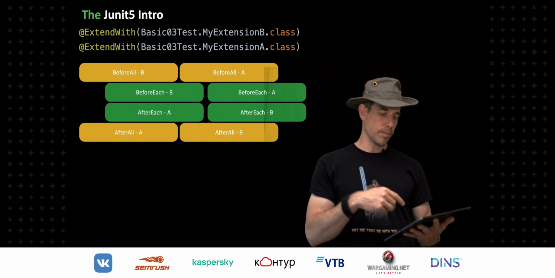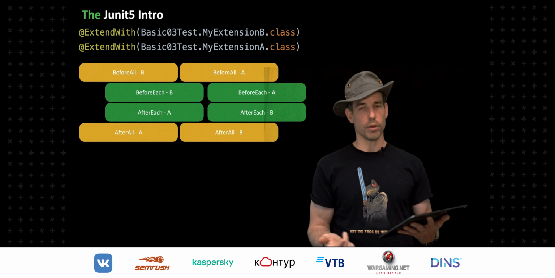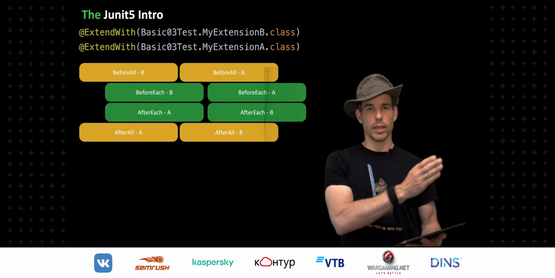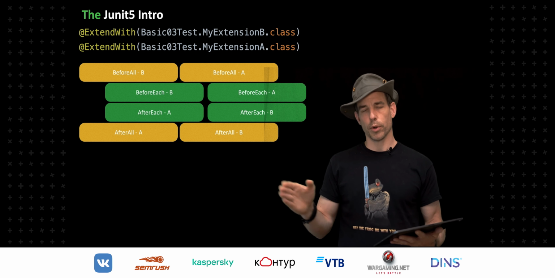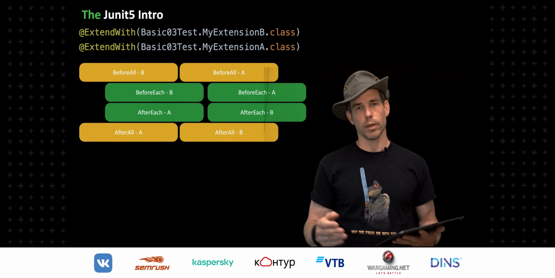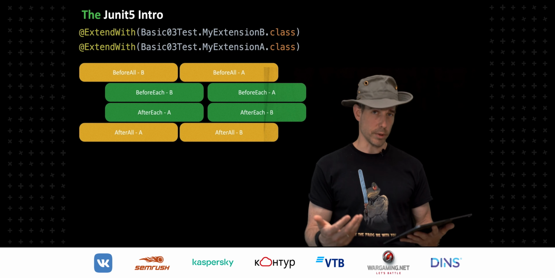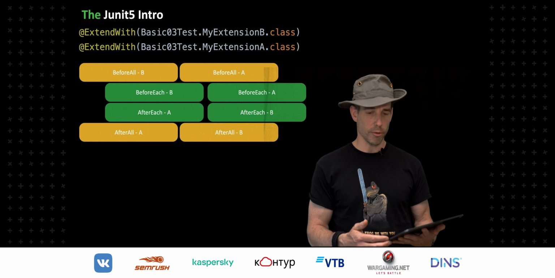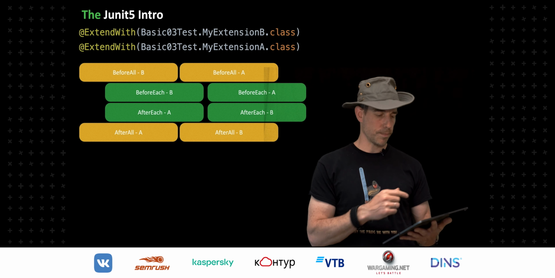After each A, after each B, then after all A, and then after all B. So what's done is it goes from the outside to the inside and then in reverse back out of the test. That's very good because it solves a lot of challenges we had with JUnit4. Just have it in mind. So the order definitely matters.